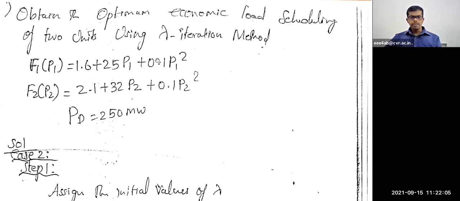So from whatever problem is given, if they tell you to solve using the lambda iteration method, first of all you write what is C1, B1, A1, C2, B2, A2. First you write, then you proceed. Why? To avoid confusion.